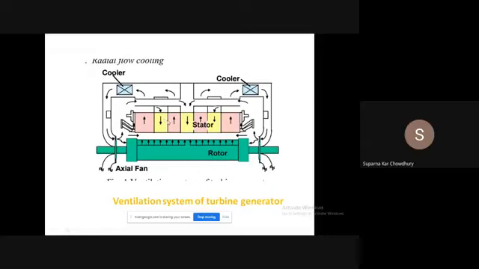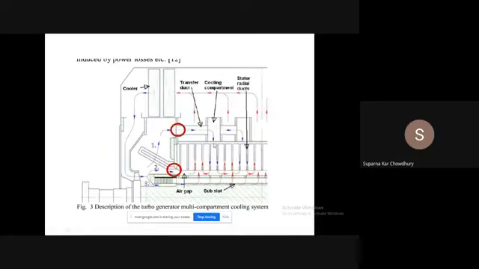So in the core portion, normally axial ducts are also created. Air will pass through the axial ducts, which go like this, parallel to the shaft, and take out the heat. For this system, this is a complex one.